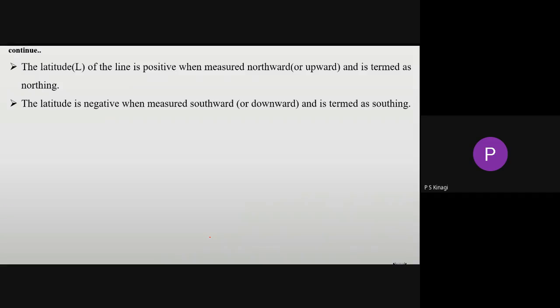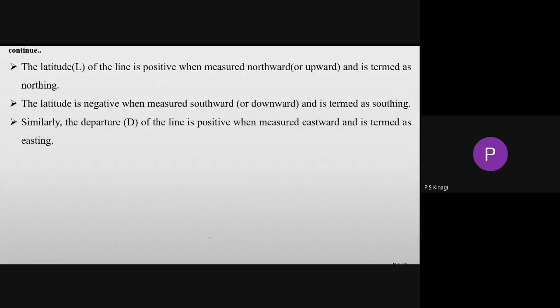Similarly, if latitude is measured towards the south direction, it is negative, also called southing. Departure towards the east side is easting, and it is positive. If departure is towards the west side, then its value is negative.